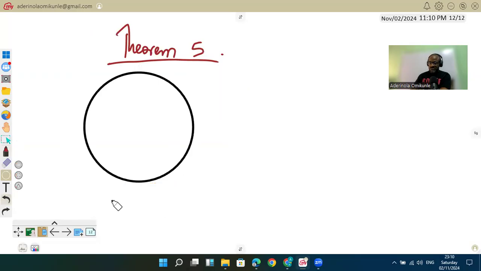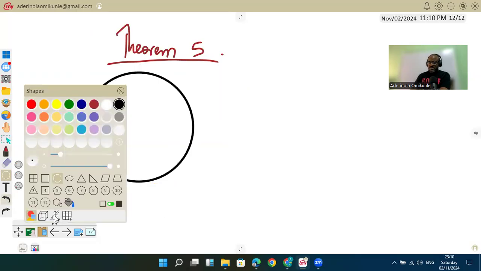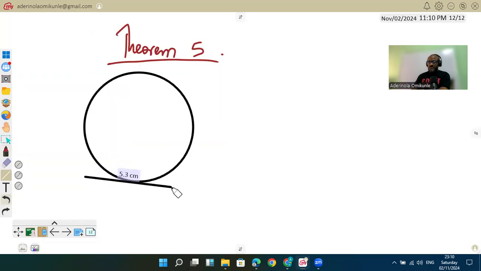This is a circle, then this is a tangent here. So this is a tangent to that circle. Now this is the center of the circle. And then there's a line that goes like this to the circle.